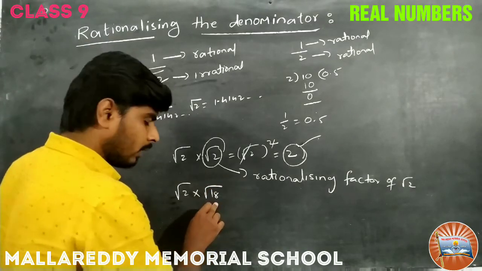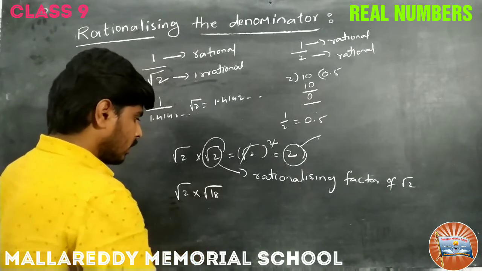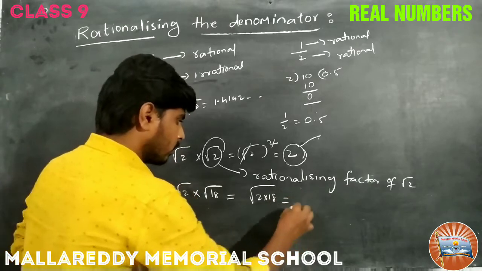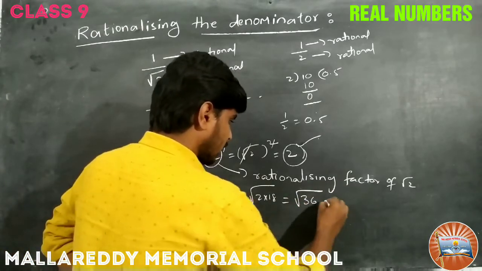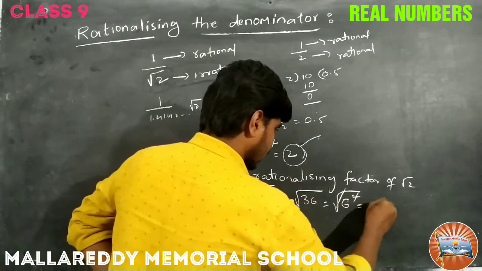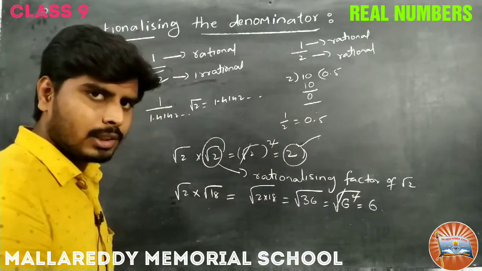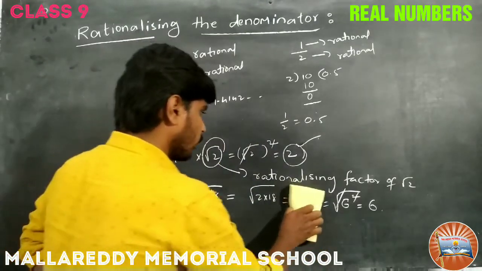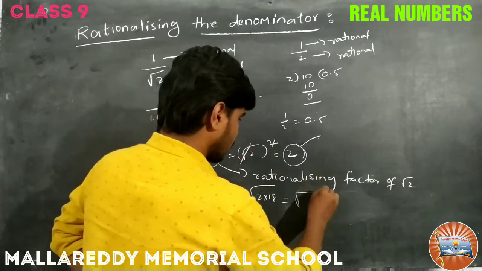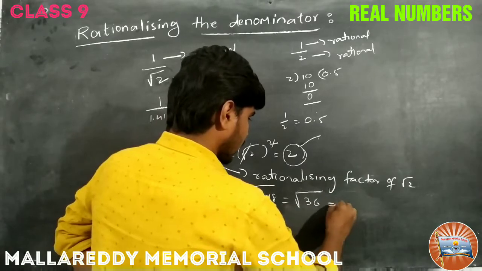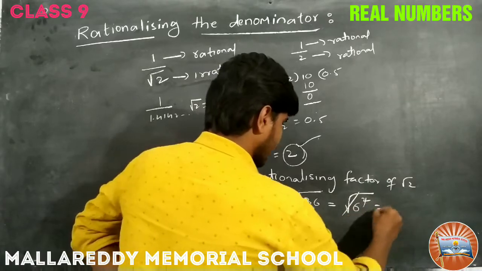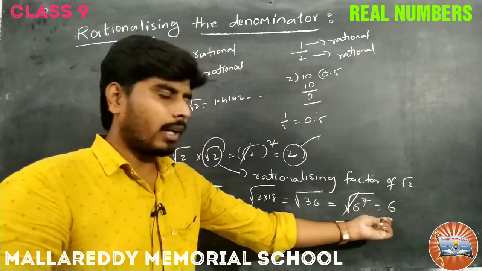This root 18 is an irrational number, isn't it? So 2 into 18 becomes root 36. 36 we can write as 6 square. The square root gets cancelled. 6 is the answer, which is a rational number.